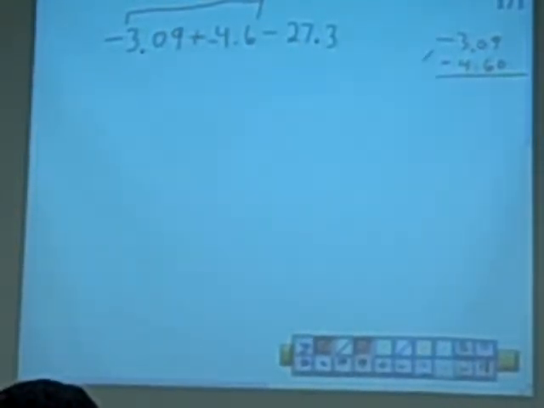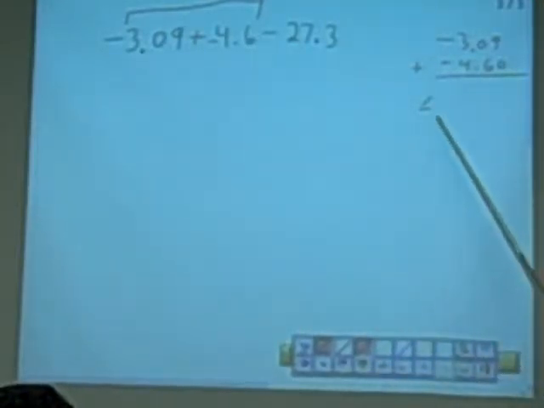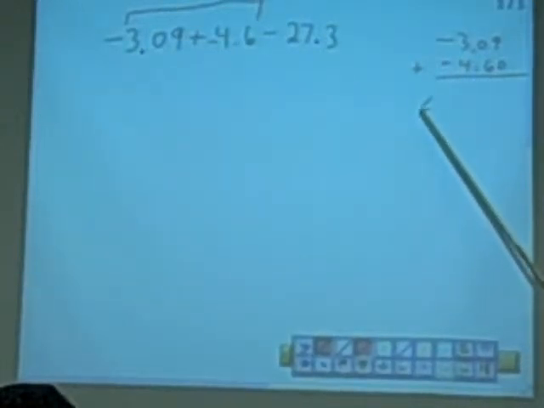So we're going to go ahead and put a plus sign. A negative minus a negative would be making it more negative, right? See what I mean about the signs? You have to remember that you're adding, and that you're going to keep the signs when you're adding negatives. You're adding negatives here, so your answer is going to be negative.